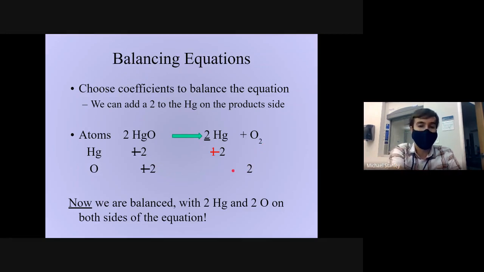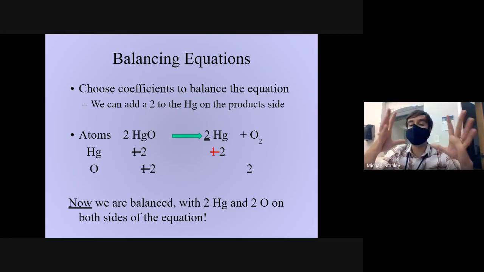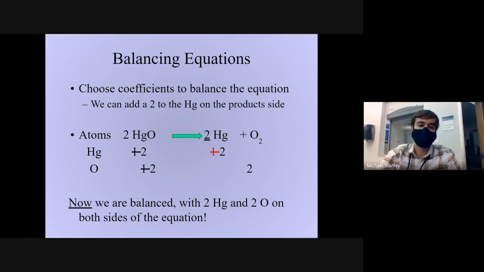So those are the same as well. So now we have a balanced chemical equation. Our final answer is 2 HgO produces 2 Hg plus O2. 2 mercury oxide produces 2 mercury plus an O2.